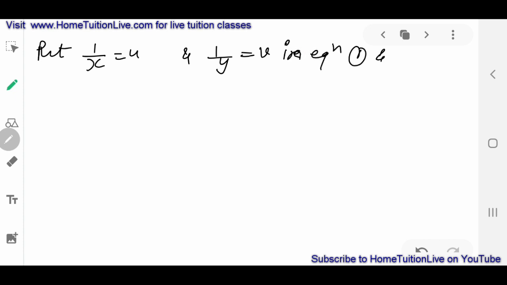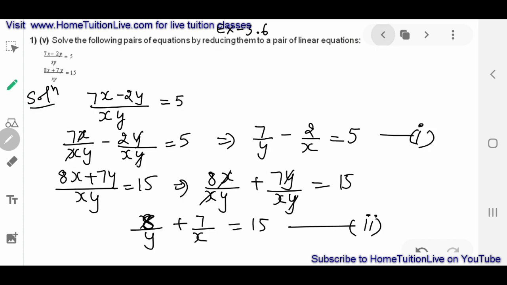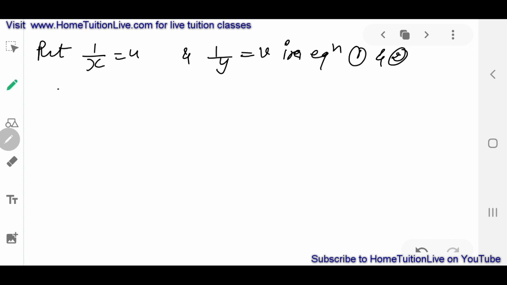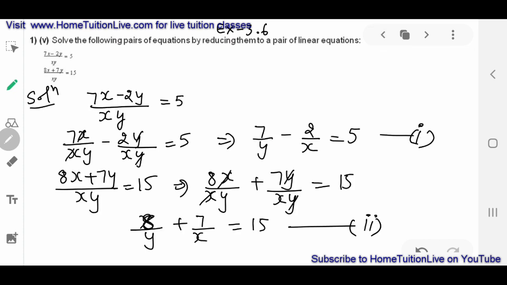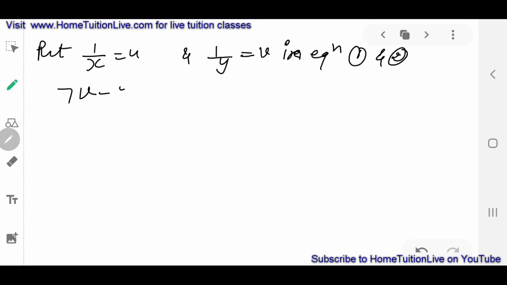Now put 1 by x is equal to u and 1 by y is equal to v in equations 1 and 2. So 7v minus 2u equals 5.